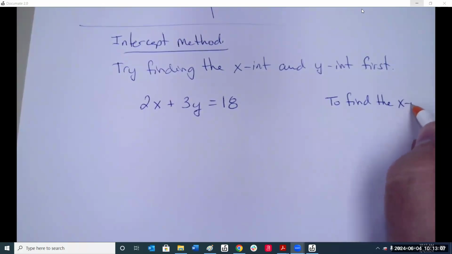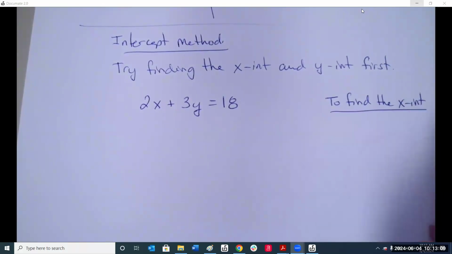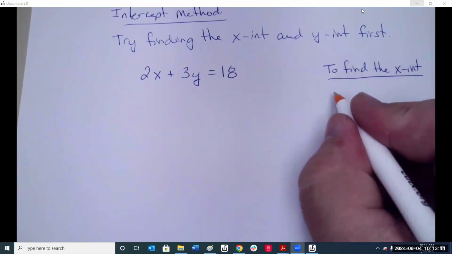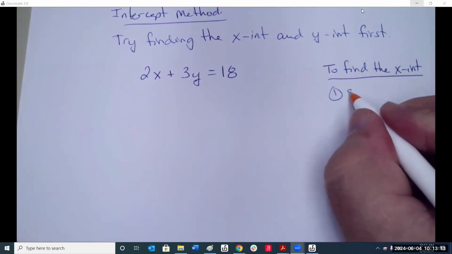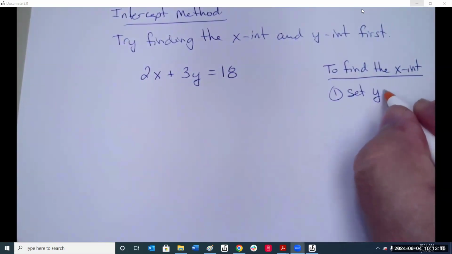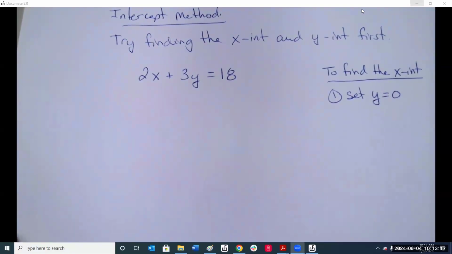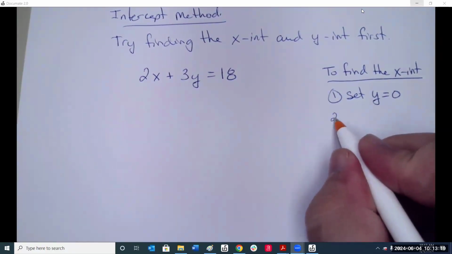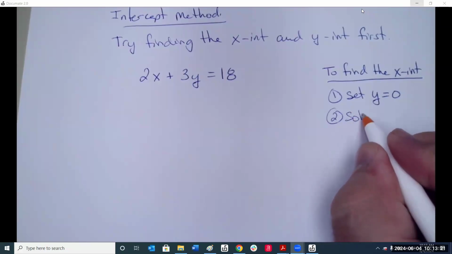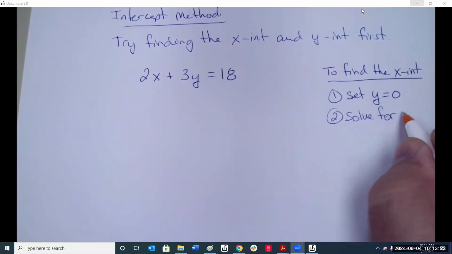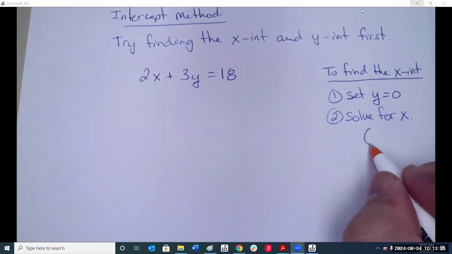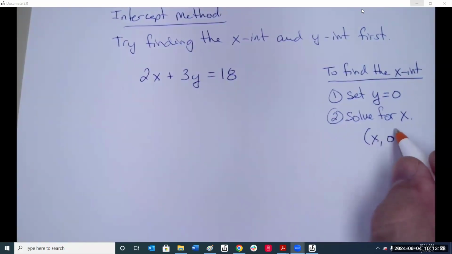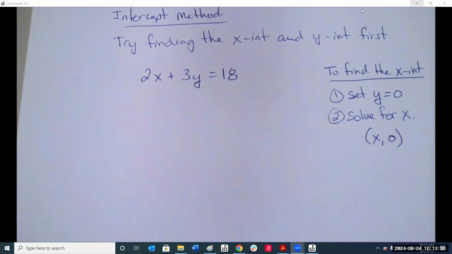To find the x-intercept, 2 steps. Set y equal to 0 and solve for x. And that's going to be your x-intercept.